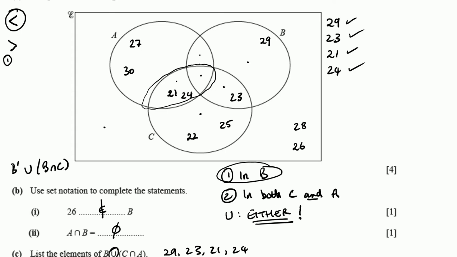The first part of it, over here, says it must not be in B. The second condition says I must be both B and C. And I get to look at elements which satisfy either of those conditions.